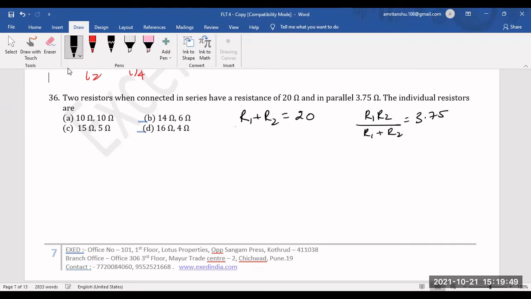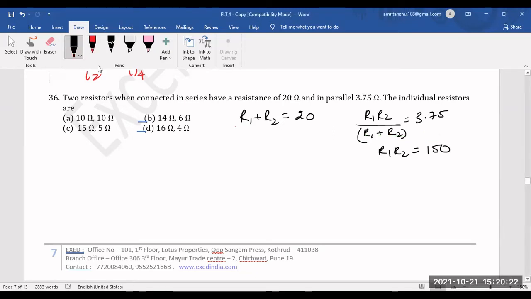Now R1 plus R2 is already given as 20, so R1 R2 comes out to be, if I put 20 into 3.75, this gives me 150. So put this as 20, and you can just see. Okay. If you just put this part as 20, multiply this here, you get this. I hope this is clear.